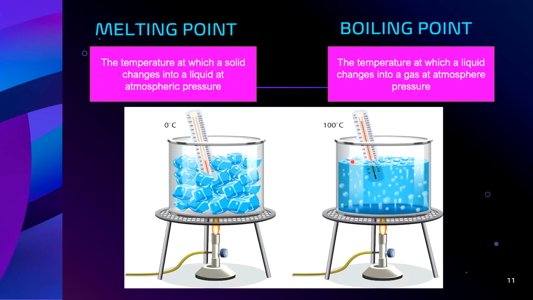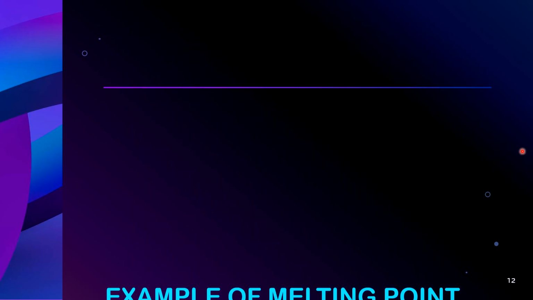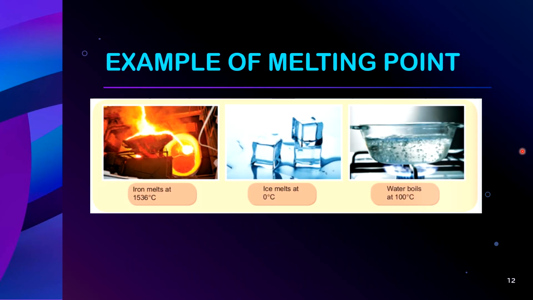Meanwhile, boiling point is 100 Celsius. For example, iron melts at 1536 Celsius while ice melts at 0 Celsius, and water boils at 100 Celsius.